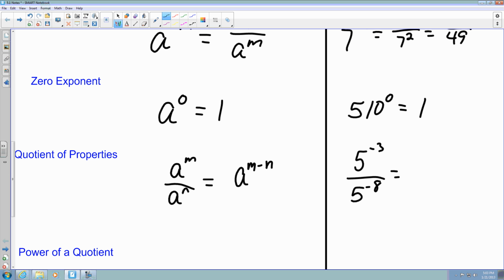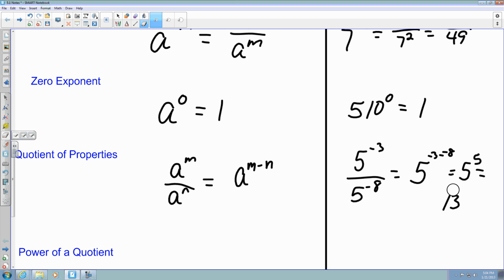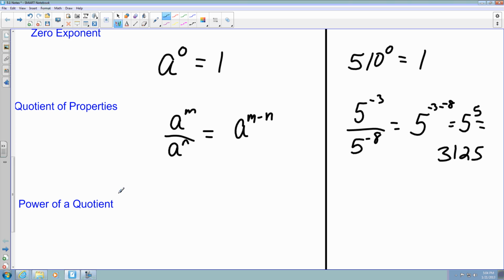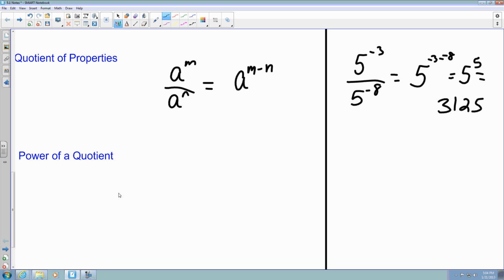This ends up equaling 5 to the negative 3 minus negative 8 power, which ends up equaling 5 to the 5th, which then equals 3125. Sorry about that, I misspoke earlier.